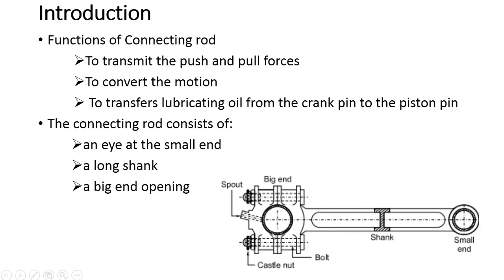This part is connected to the crankshaft using the crank pin, whereas this part connects to the piston, the small end, and this is the shank. The height which is visible to us varies along the length.